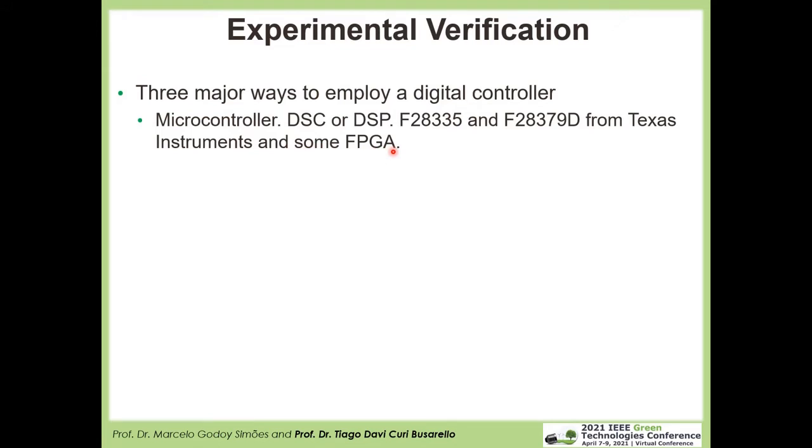Some configurations may use a combination of them, a digital signal controller and an FPGA. Another way to employ a digital controller is using the dSPACE, and another one is using the hardware in the loop. Let's take a careful look at each one of them.